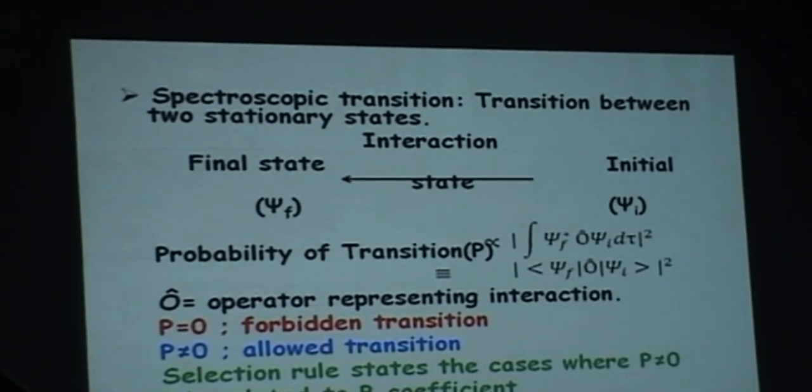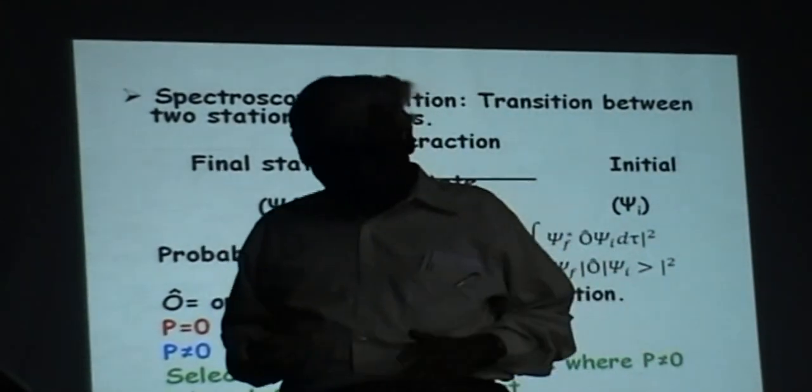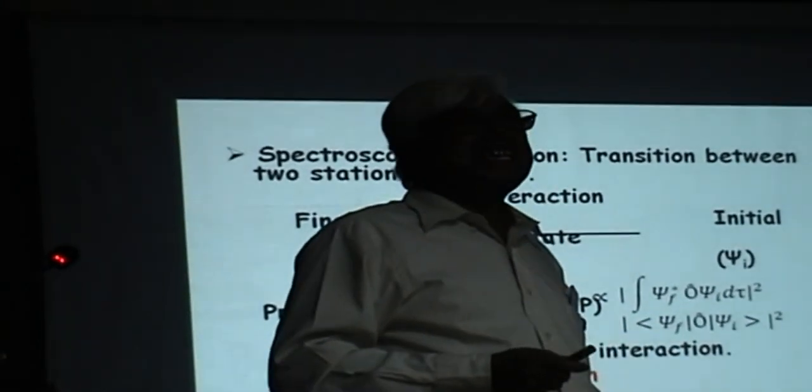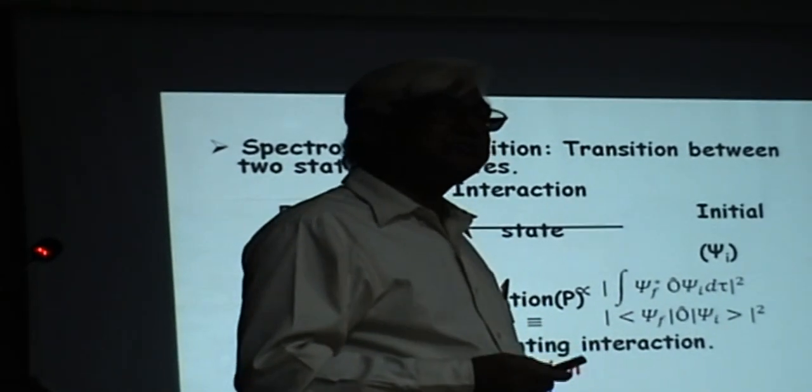And it can be shown using quantum mechanical time-dependent perturbation theory that this transition probability is proportional to this quantity, with psi i and psi f, and in between them the operator. We integrate this over the whole space and take the modulus square. Why the modulus square? Physically, these wave functions can be real or complex.